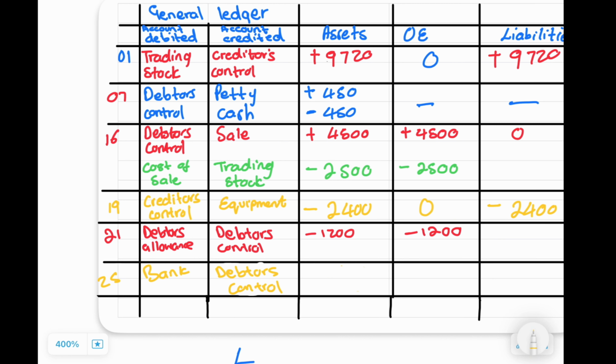Okay, so bank is increasing by 3,400 and debtors control account is decreasing by 3,400. Okay, so now for the discount that we have to account for, the account that is affected is discount allowed, and we said a discount allowed will be debited. So that is the other account which is affected.